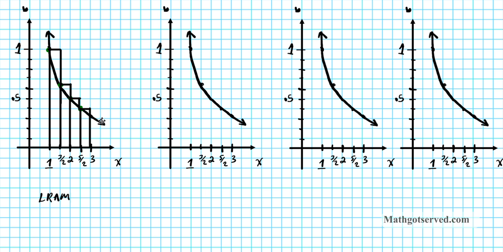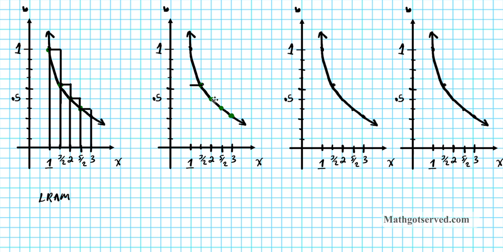For the right rectangular approximation, the points to the right of each subinterval will determine the heights of our rectangles. So we're going to pick all the points to the right of the left endpoint. We're going to start from 3 halves. So this is 3 halves, and 2, 5 over 2, and 3. All right, so let's go ahead and draw our rectangles. For the first one, this will be the height right here.